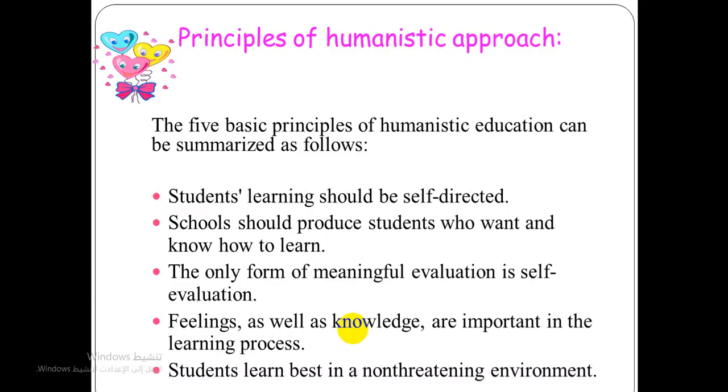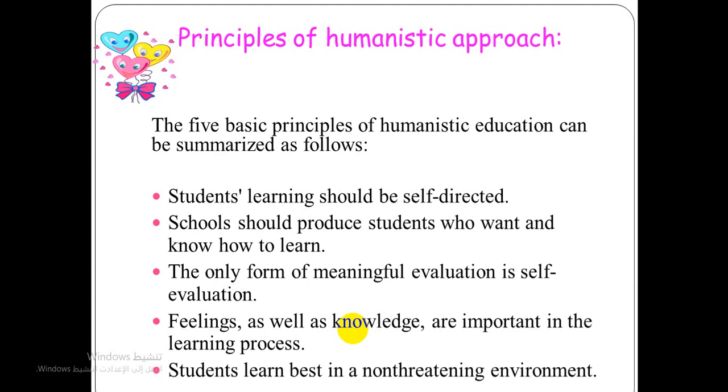What are the principles of the humanistic approach? There are five basic principles of humanistic education. The first one is that the goal of education should be to foster students' desire to learn and teach them how to learn.